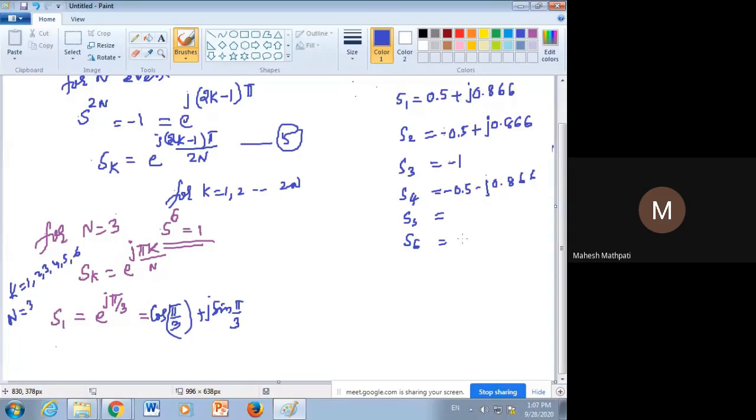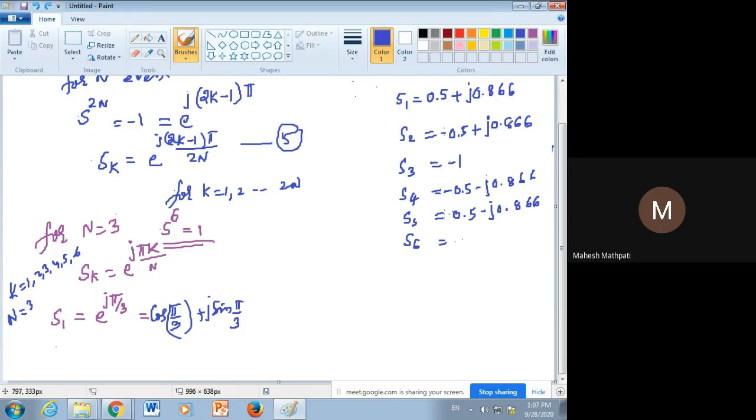Then S5 is 0.5 minus j 0.866. Okay. And what about the last one? S6 is 1. Okay.